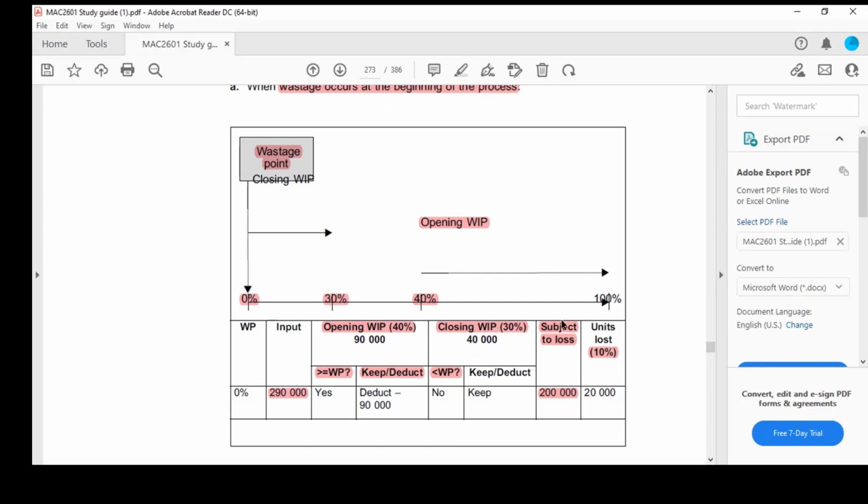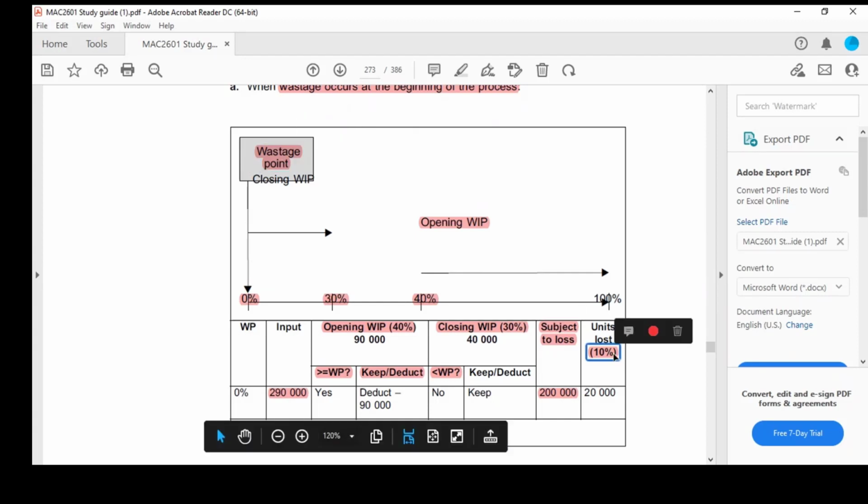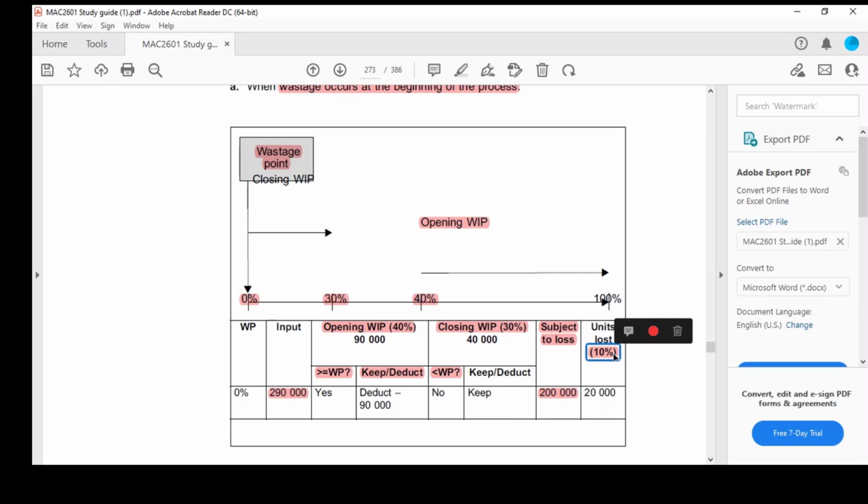Yes. So in this case, our wastage point is the 10% or the 0%? It's zero. Wastage point is zero. The 10% is how much the loss would be. Normal loss is the 10%. Wastage point is where. So there's a percentage for where the normal loss happened, meaning when they were grounding those coffee beans, where did the spillage happen?